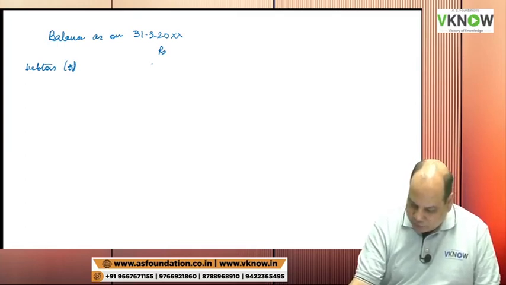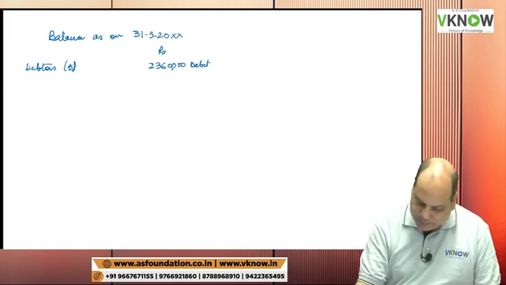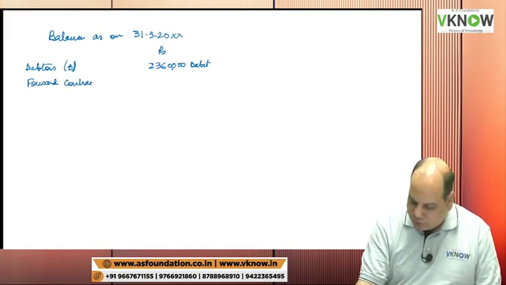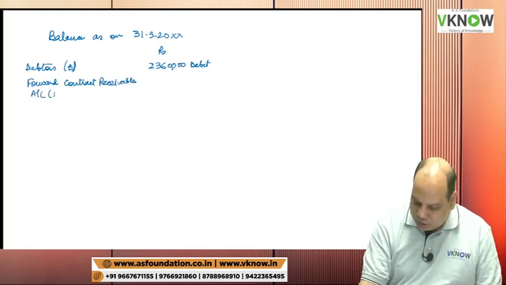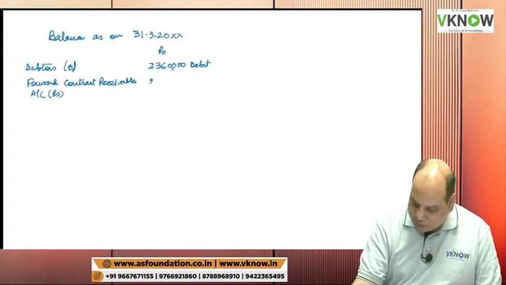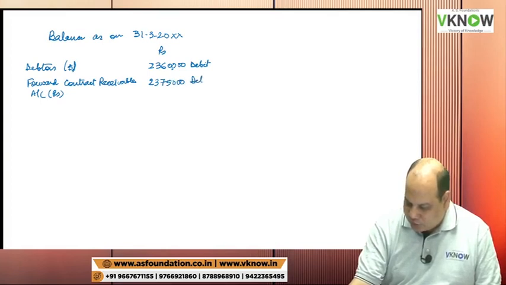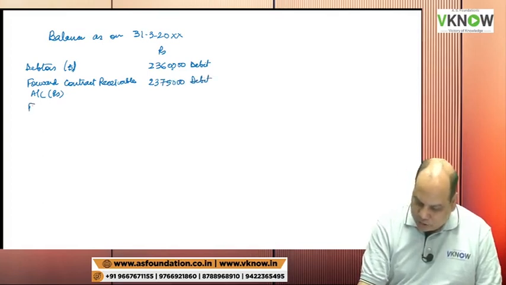The balance is 23,60,000 debit. Then I have a forward contract receivable account in rupees. The balance is 23,75,000 debit.